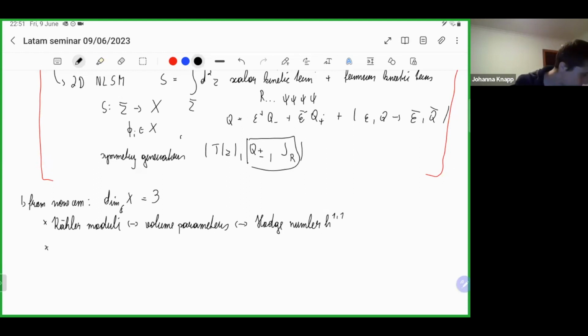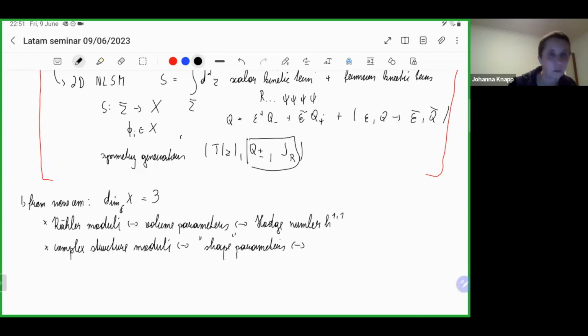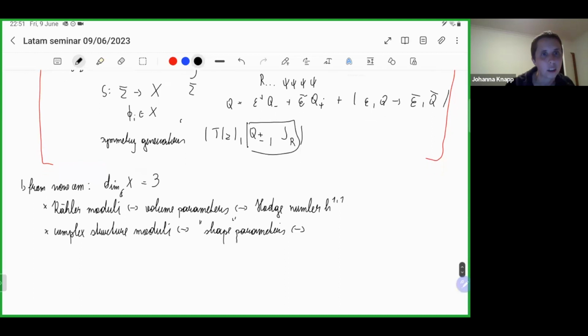And well, there would be mirror symmetry to relate this to the other type of moduli, the complex structure moduli. So roughly the complex structure moduli are like the shape parameters. Meaning basically that when you have a complicated enough topology, you have more than one way of deciding what is holomorphic and anti-holomorphic.